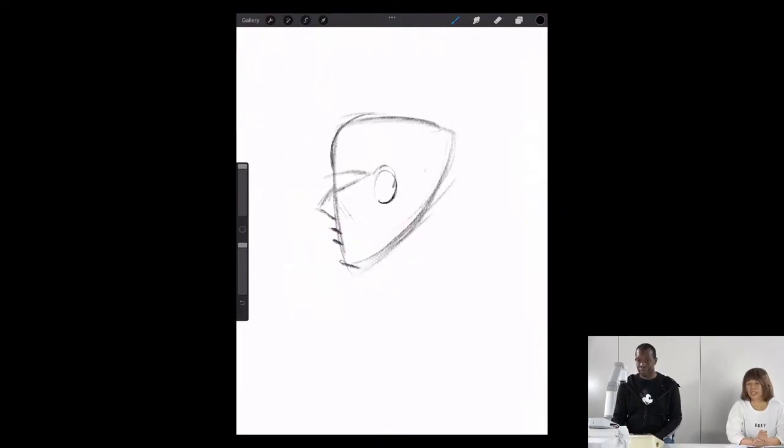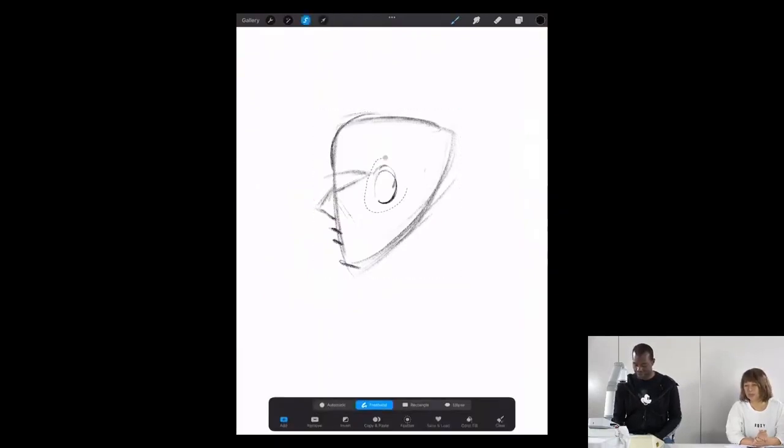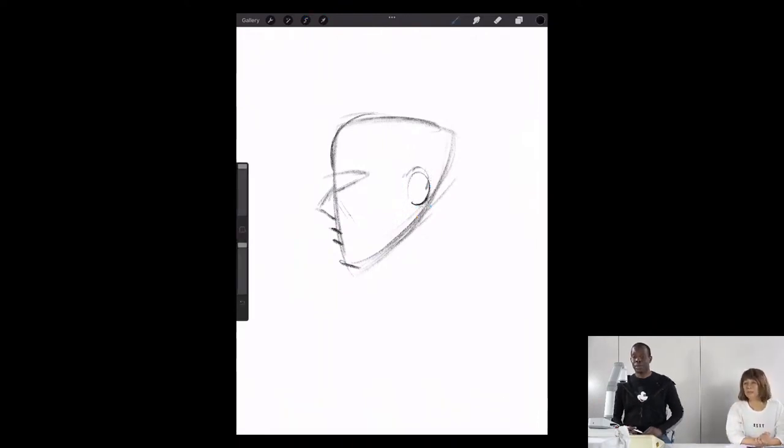Right? Or, is it over here? Right. Again, I'm not trying to be funny because sometimes when people are learning how to draw the head, you'd be amazed how people unfortunately incorrectly place the ear because they just don't know.